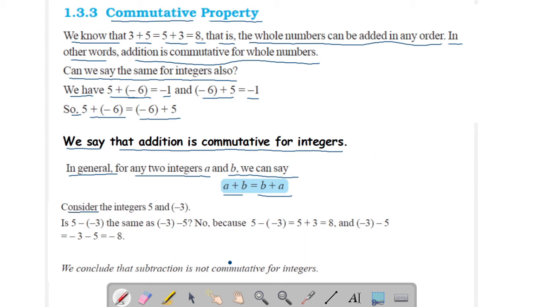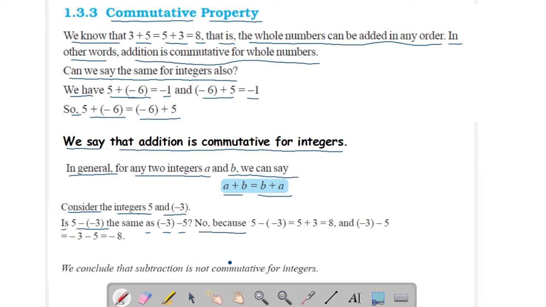Consider the integers 5 and minus 3. Is 5 minus minus 3 the same as minus 3 minus 5?